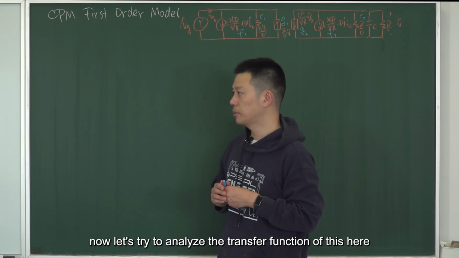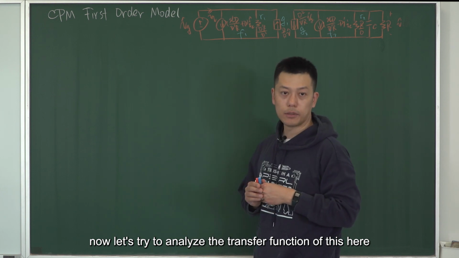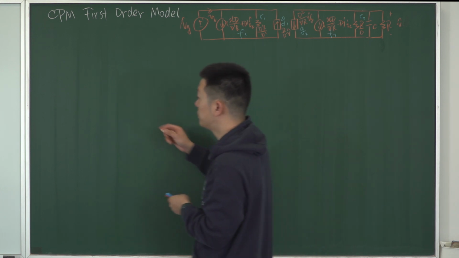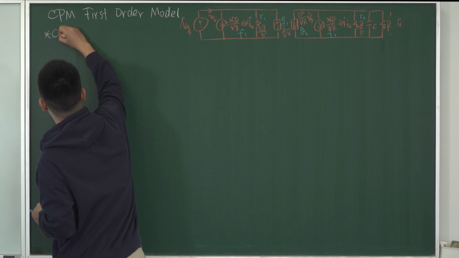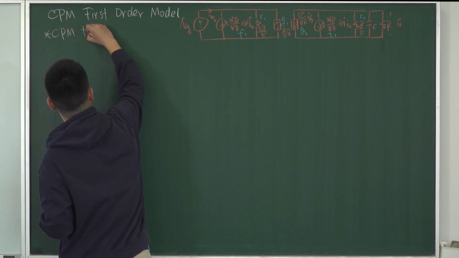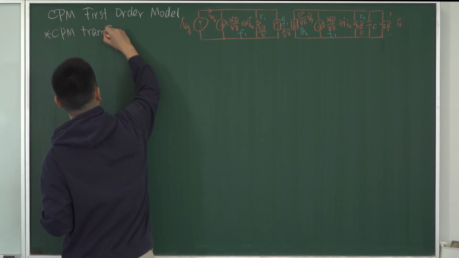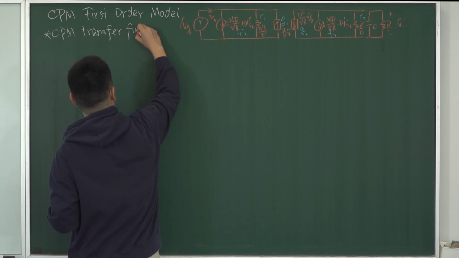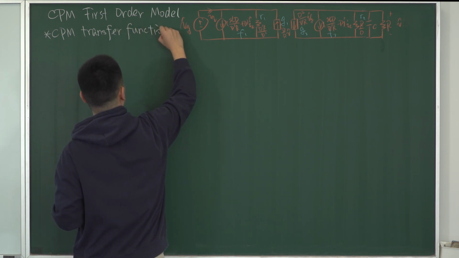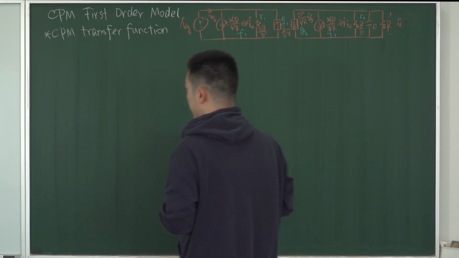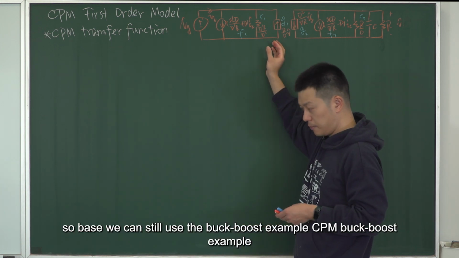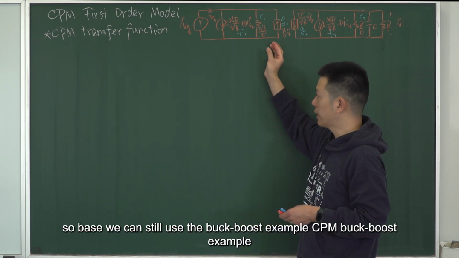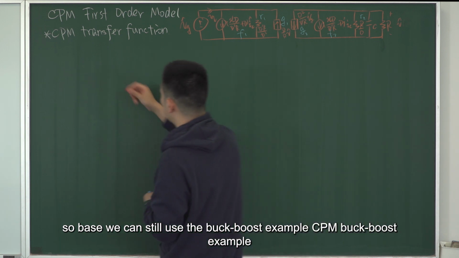So now let's analyze the transfer functions of the CPM. We can still use the buck boost example.